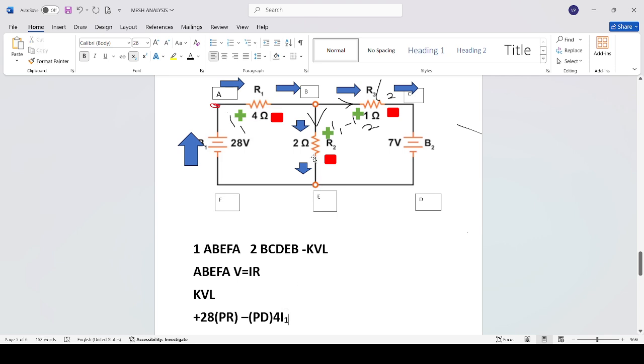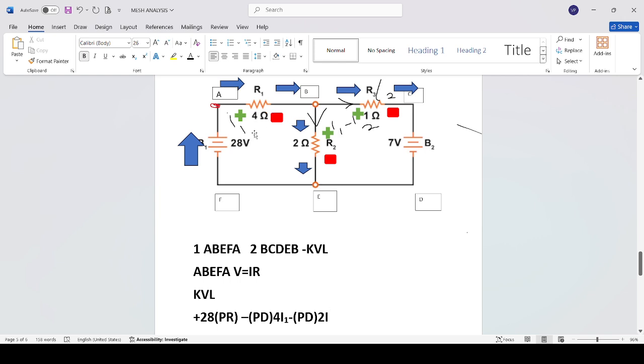Similarly, we are coming to here. When it comes to this point, it is again positive to negative, so it is a potential drop. We need to mention the voltage across this 2 ohm, so it is minus 2 times the current. What is the current flowing here?